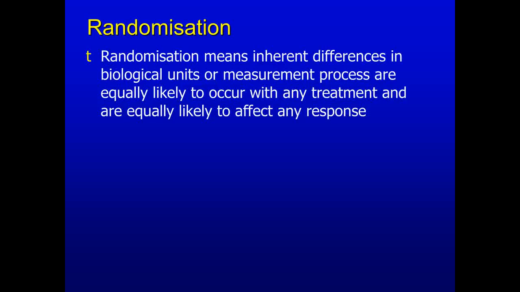Randomization, as I've mentioned, is about making sure that you don't have a bias in the different groupings. So it makes sure that there is an equal chance of any inherent difference being in any one of your experimental treatment groups.